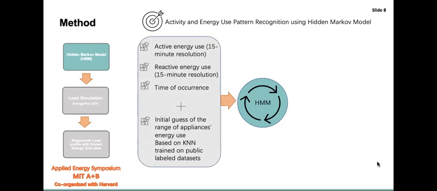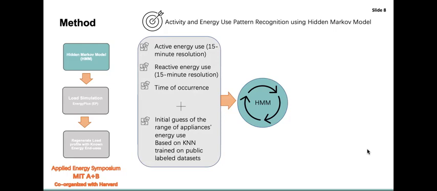And we also provide a small set of initial guesses of the energy use range of appliances to the hidden Markov model by using k-nearest neighbor algorithm trained on public label data sets. So we do not need to have label data from the context we are working on.